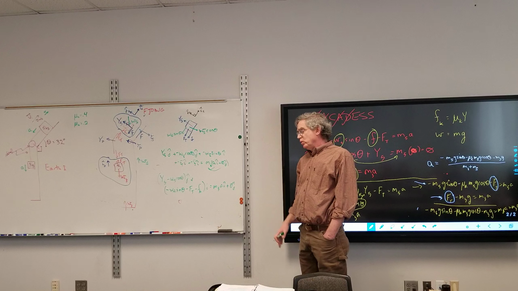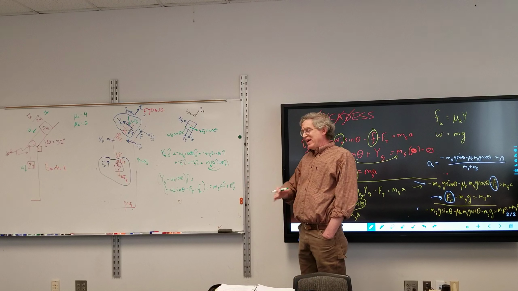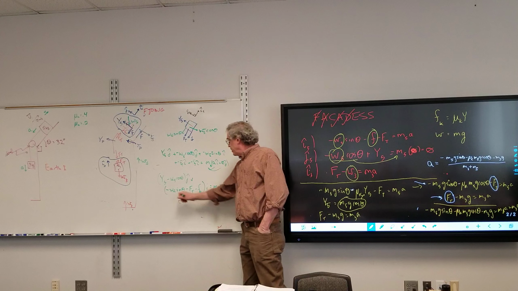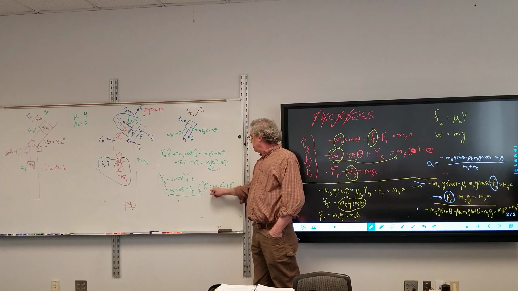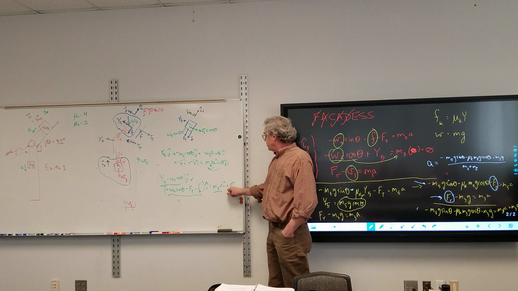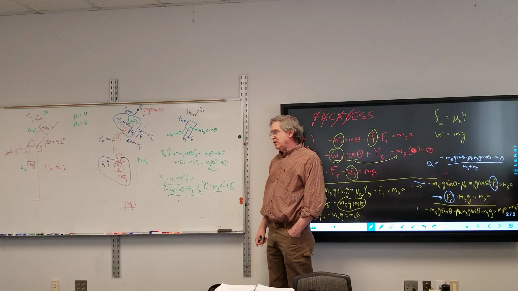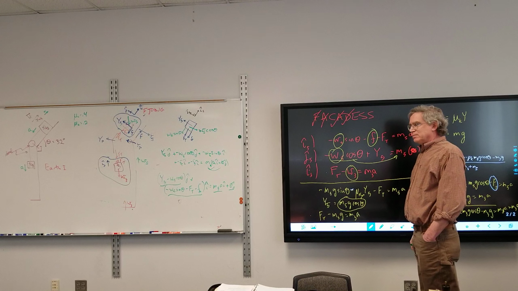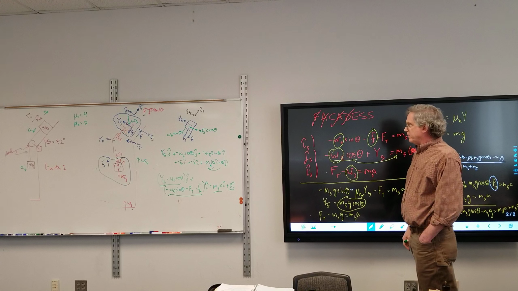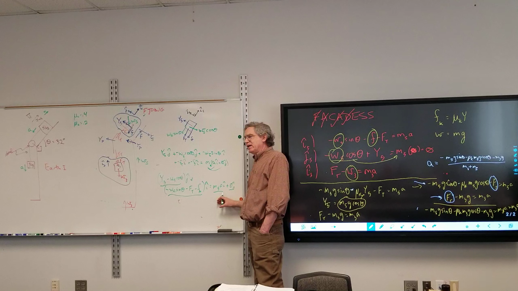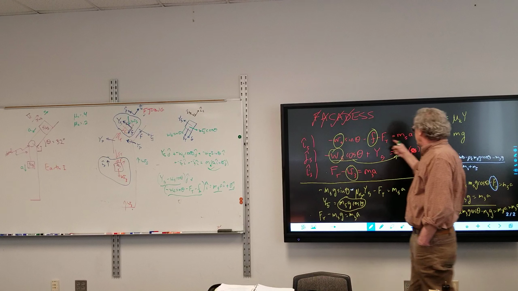Since I hat and J hat are independent of each other, they are perpendicular. If this is true, then that I hat component must be equal to that I hat component, and that J hat component must be equal to that J hat component. Which just gets us these two equations here. So once we recognize that the coefficient of I hat here equals the coefficient of I hat here, we've taken the vector part out of it, and we're left with this equation right here.